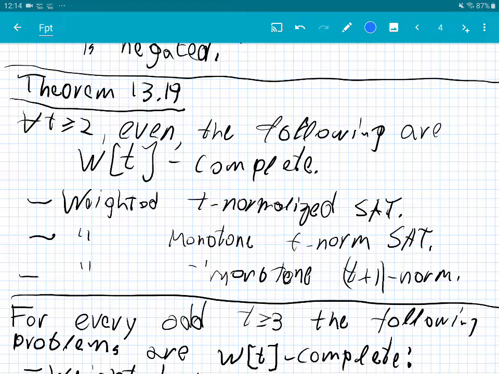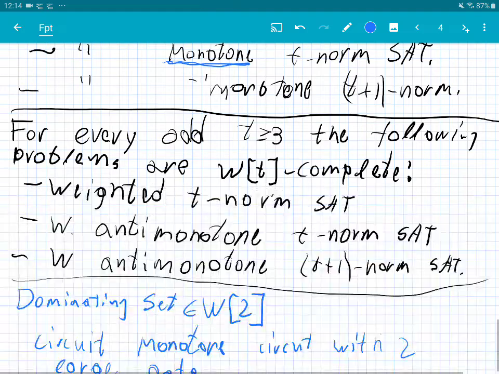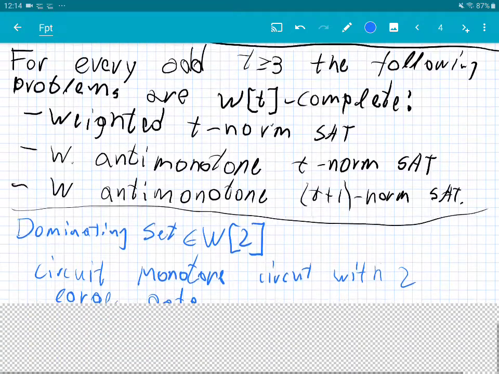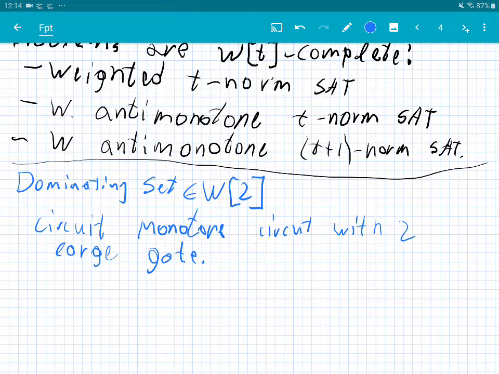This theorem said that monotone T normalized satisfiability is W2 complete, but that's exactly what dominating set really is, right? So we can immediately reduce it.